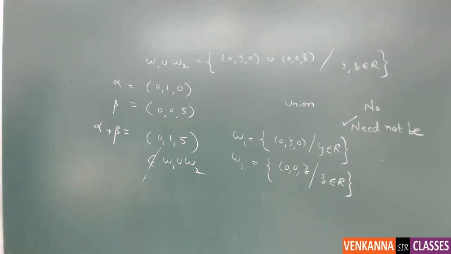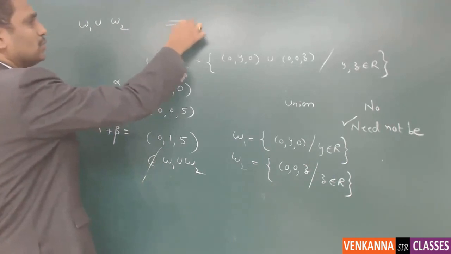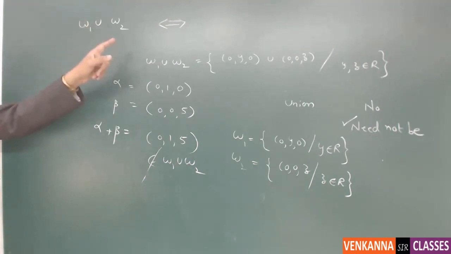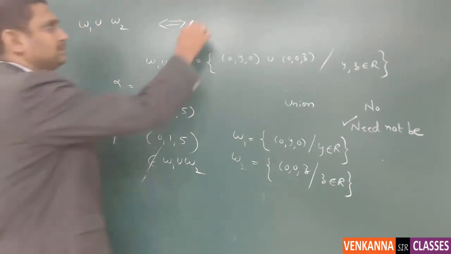So, one interesting result developed here is: whenever you have two subspaces, if you want to say that the union is a subspace, it is possible if and only if one of the two sets is a subset of the other.